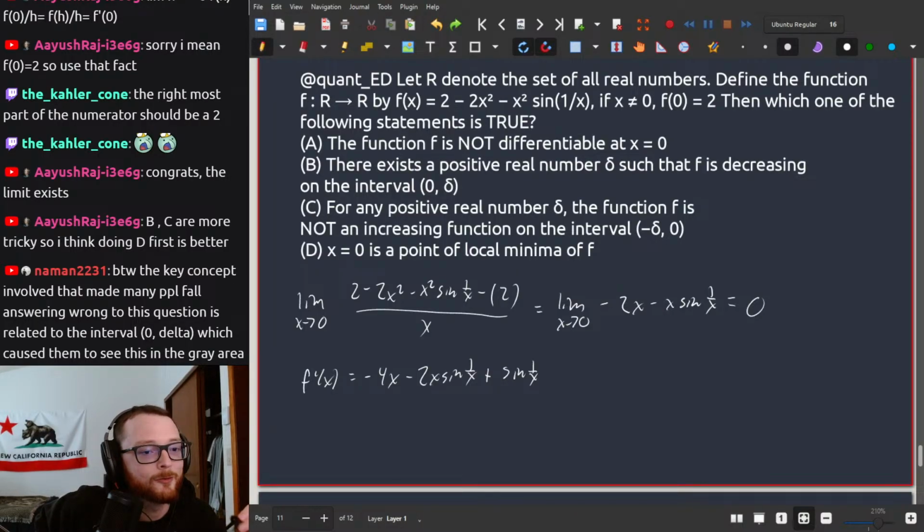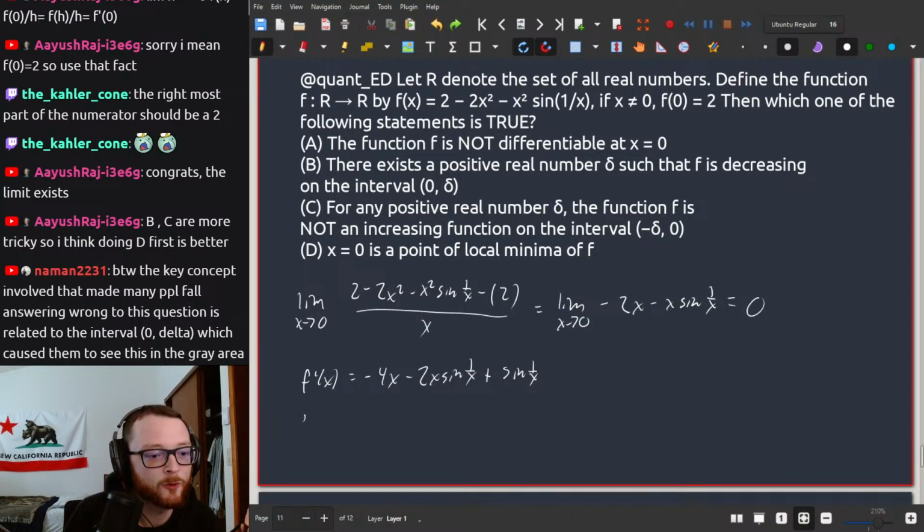You think doing d first is better? I guess would we do that with the second derivative? Oh, actually, yeah, that could be informative. Yeah, the B is a really tricky one to evaluate.